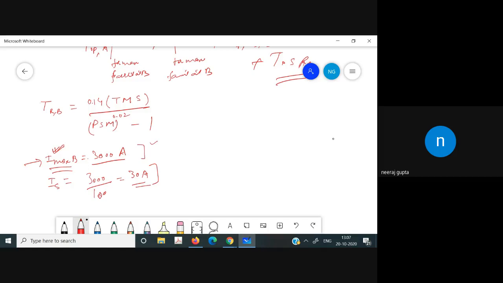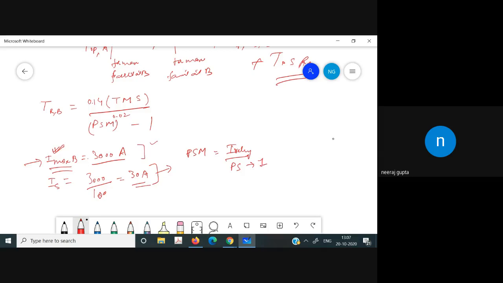Now, this is actually the current which is seen by the relay. So we will have the PSM equal to I relay divided by plug setting. Plug setting we have chosen as 1 ampere, 100% in this case.